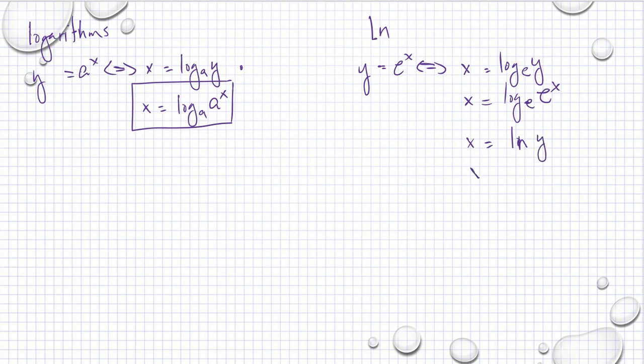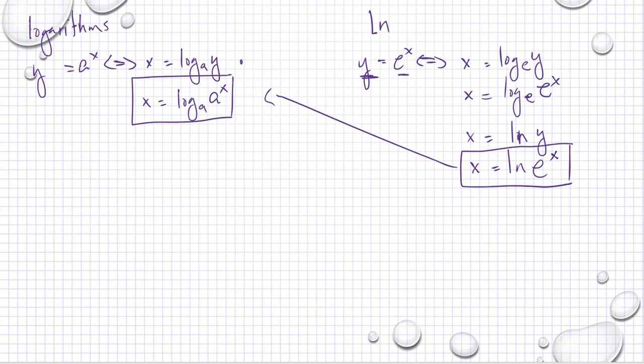That means x is equal to natural logarithm of e raised to x, because we have our y as e raised to x. And this is also a very good property of natural logarithm. It is almost similar to the logarithmic one there.